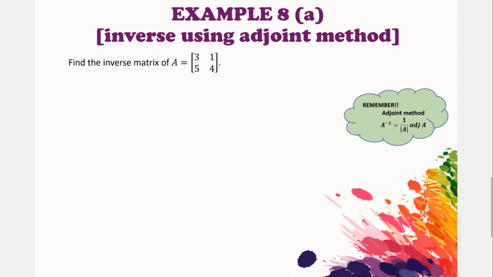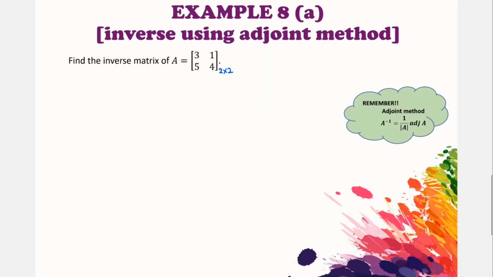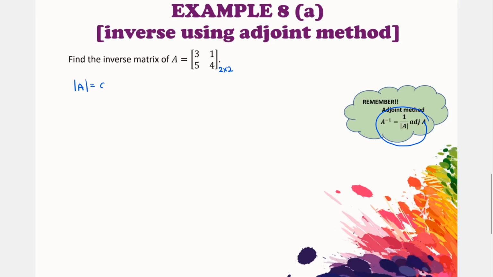Part A, find the inverse of matrix A, which is a 2 by 2 matrix. Remember the formula for the adjoint method is 1 over determinant of A multiplied by adjoint of A. That means the first thing you need to find is the determinant of A. So determinant of A is AD minus BC.